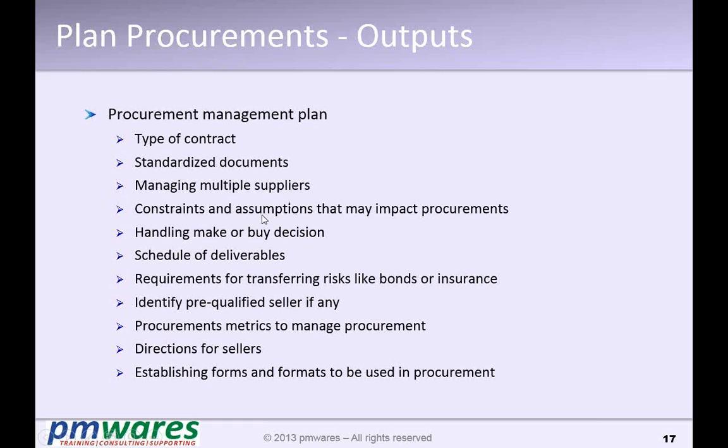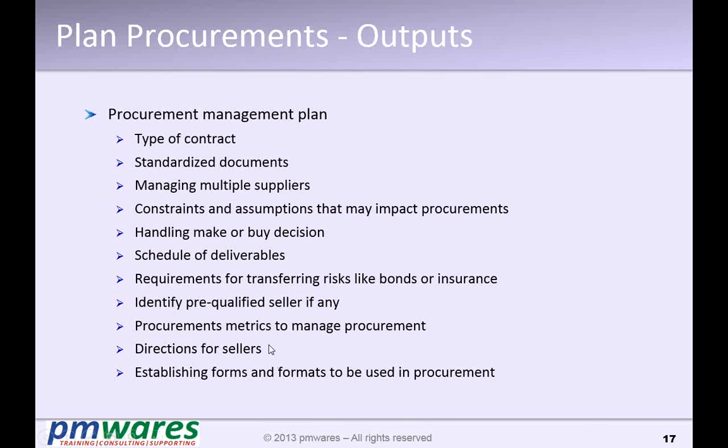What are the constraints and assumptions? Your source selection criteria? The reasoning behind the make-or-buy decision? The list of pre-qualified sellers? Any metrics which need to be measured during the procurement?